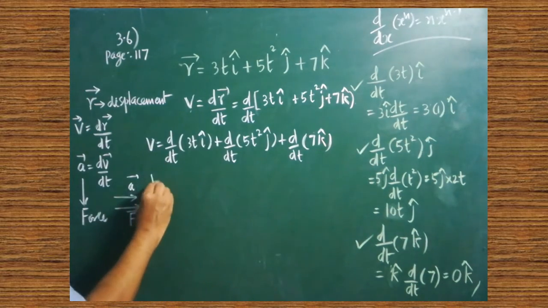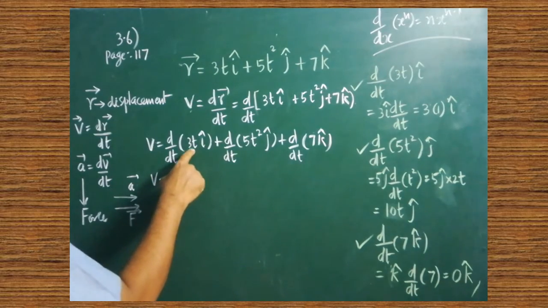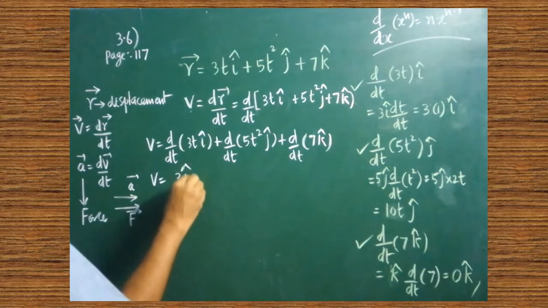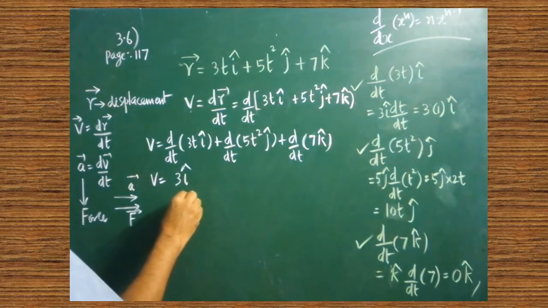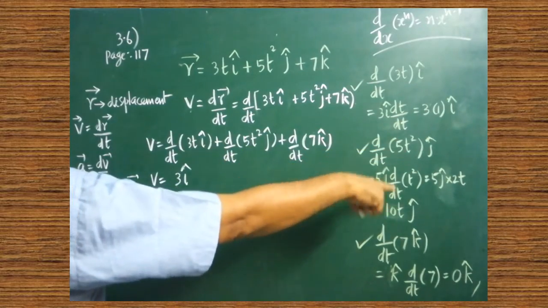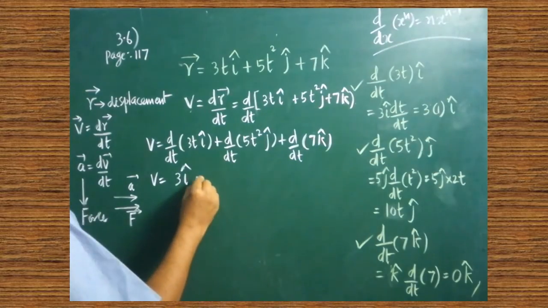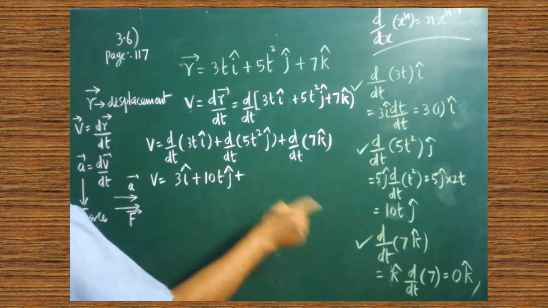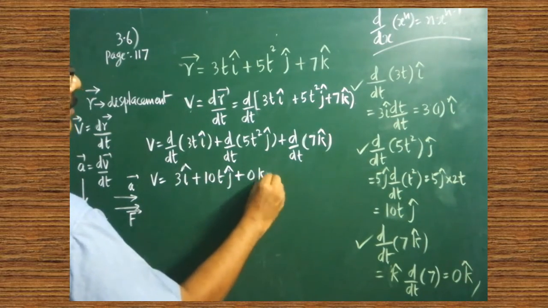So I am going to substitute the final answer: 3 i cap, then 10t j cap, and the final one is 0 k cap.